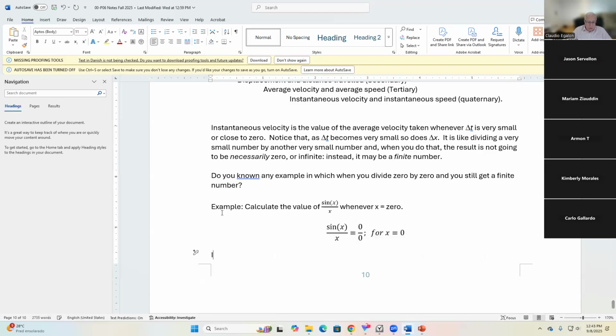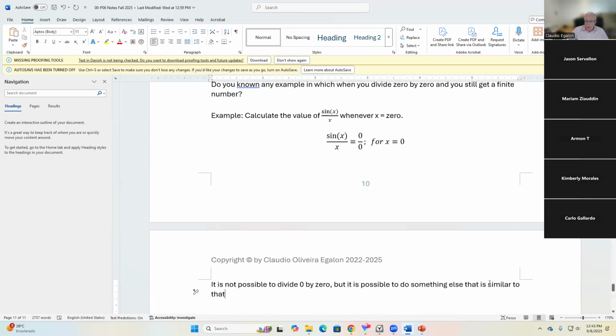Okay? It is not possible to divide 0 by 0, but it is possible to do something else that is similar to that. So instead of dividing 0 by 0, think about that, right?